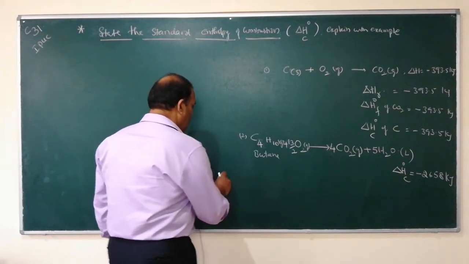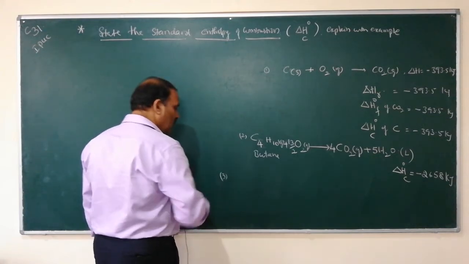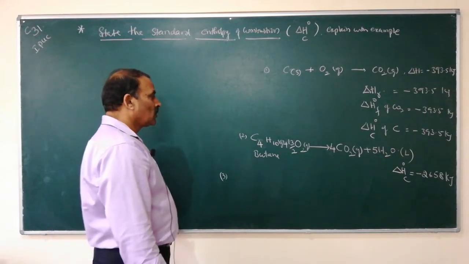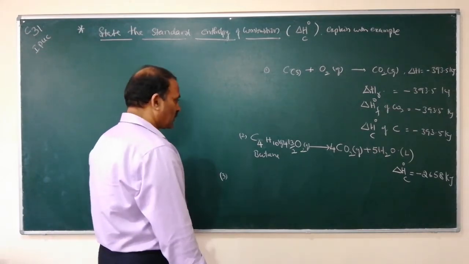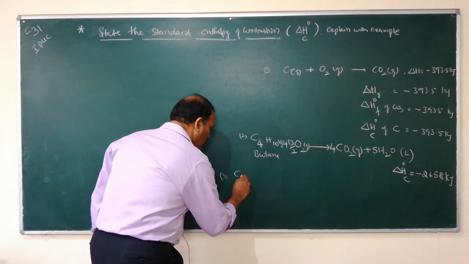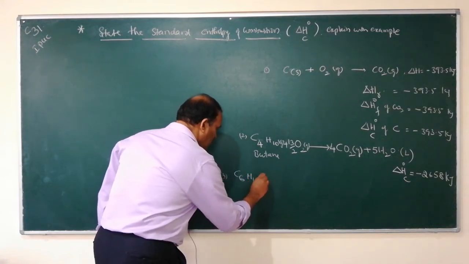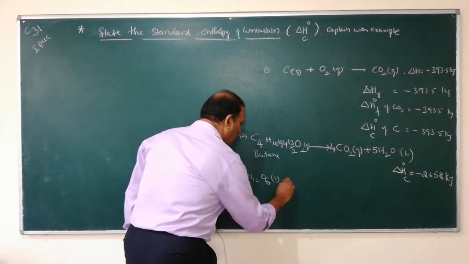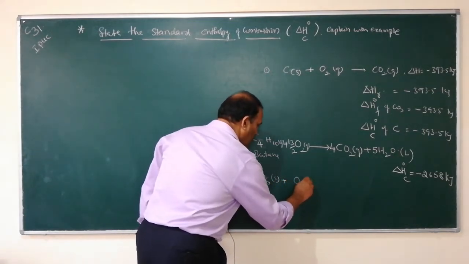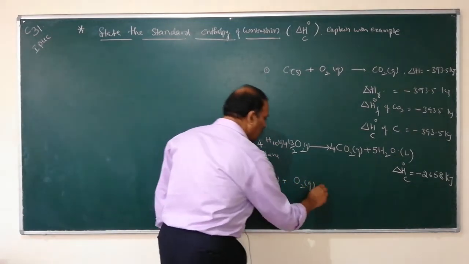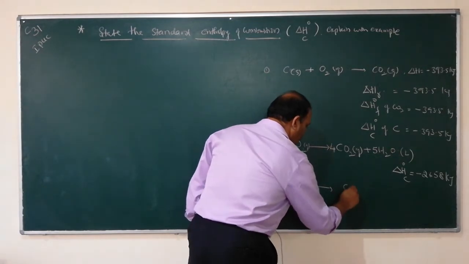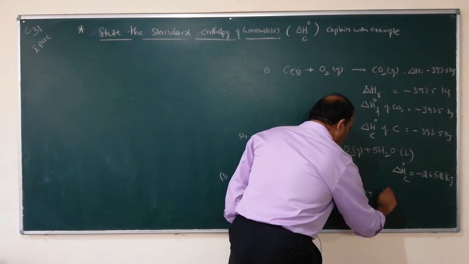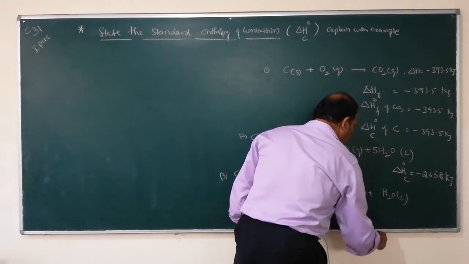Similarly, I will give you another example. In the body, glucose undergoes combustion. What is the formula of glucose? C6H12O6 solid plus oxygen O2 gas gives, what are the compounds formed? Carbon dioxide plus water, H2O liquid.